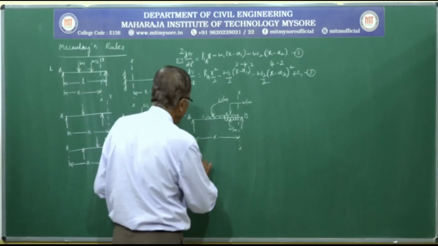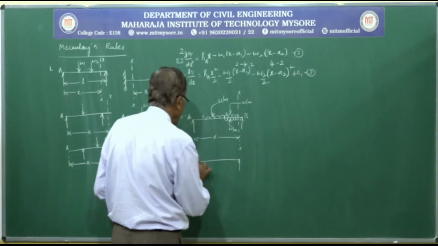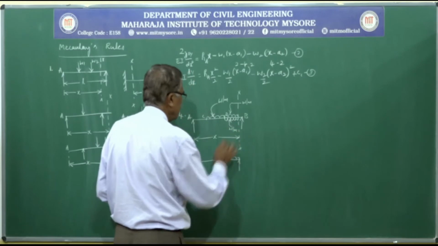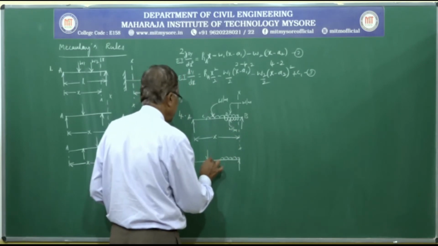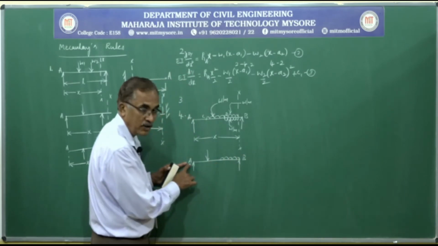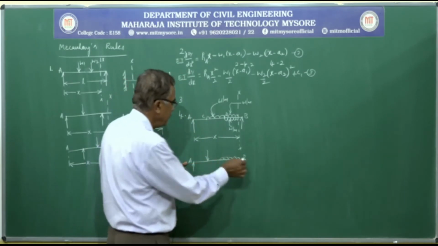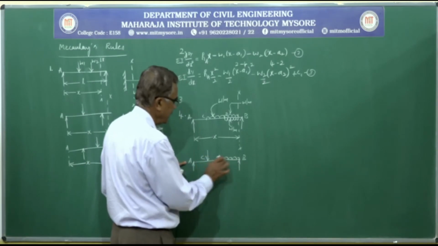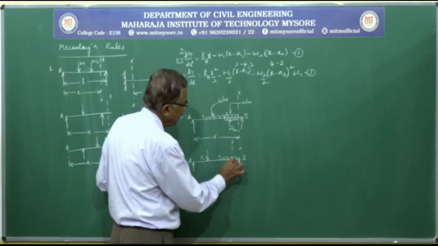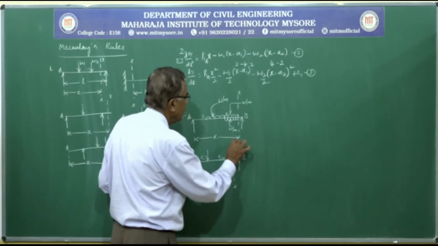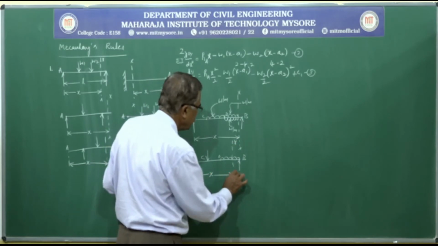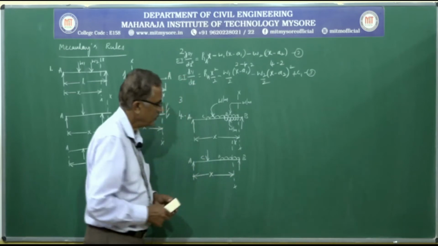For example, if the beam is subjected to a load like this, again we take the origin as the extreme left hand side, A, B, C, D. There are 3 regions again, first segment, second segment. So again as per Macaulay's, we select the section in the last segment and A as the origin, so that x varies from 0 to L.